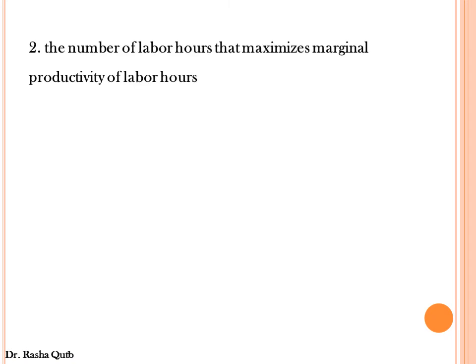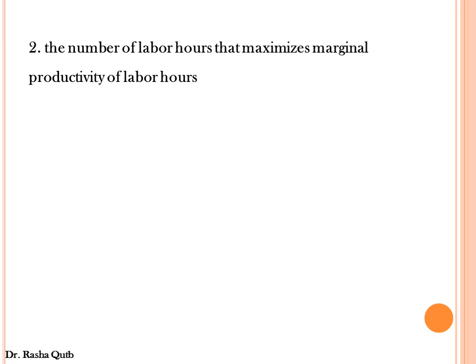Second, he asked about the number of labor hours that maximize marginal productivity of labor. In this case, we have to find the first derivative of marginal product with respect to labor, equate this to 0 and solve for labor.